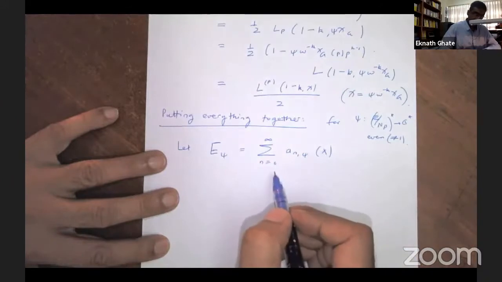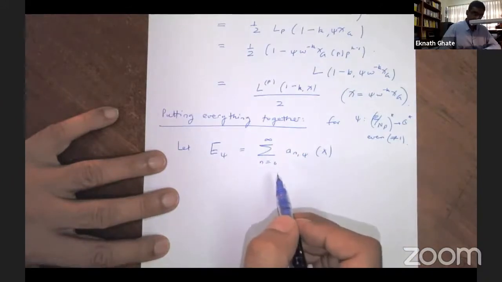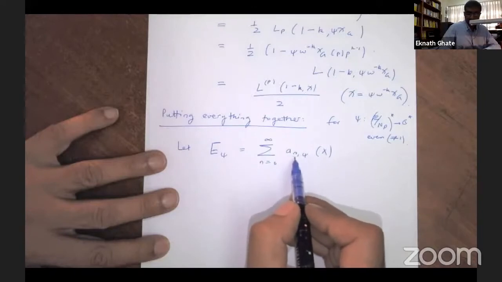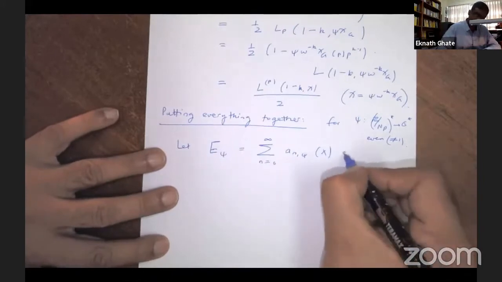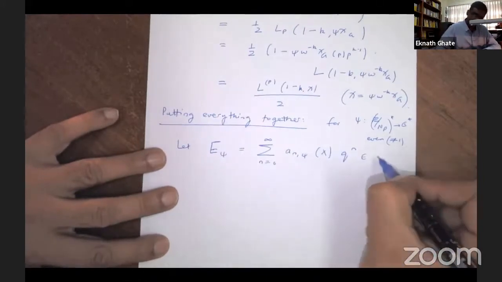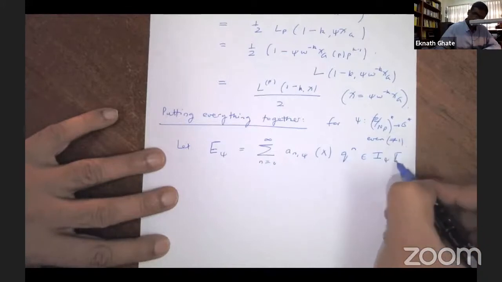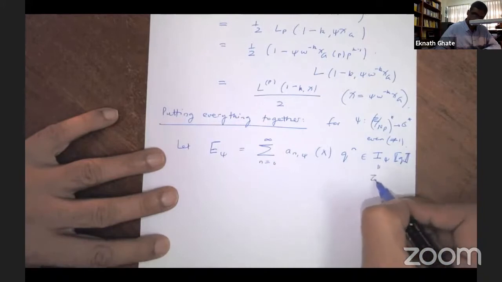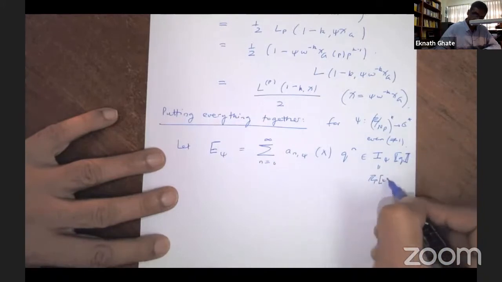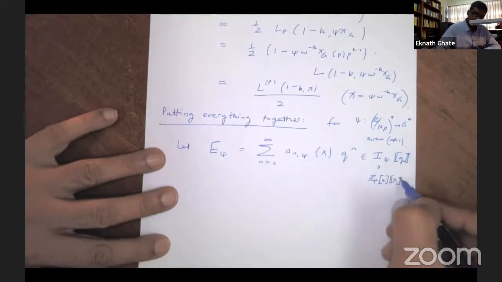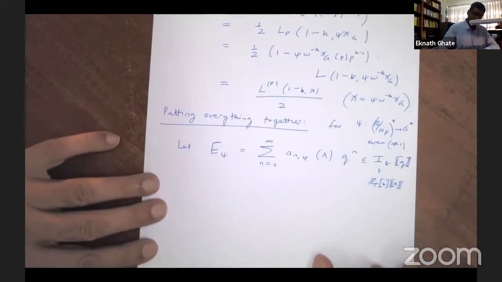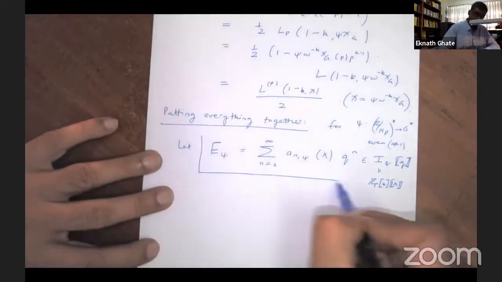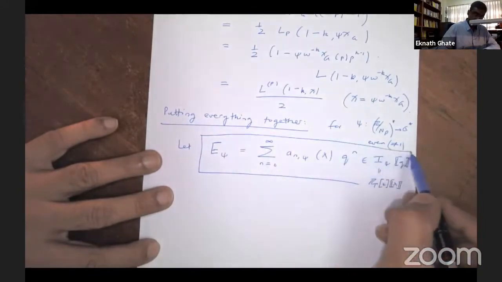Notice we had already defined the a n for n bigger than or equal to 1, but now we've defined the a 0 also. So this is a very important definition.